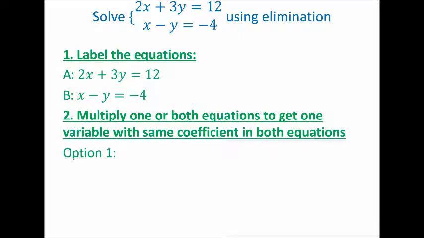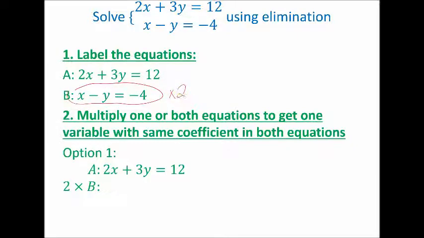So this is a little bit algebraic, but option 1, my equation A stays the same, but I do 2 times the entirety of equation B. So this whole equation I multiply by 2, meaning I multiply each bit by 2. So what that's going to give me is 2x minus 2y equals minus 8.